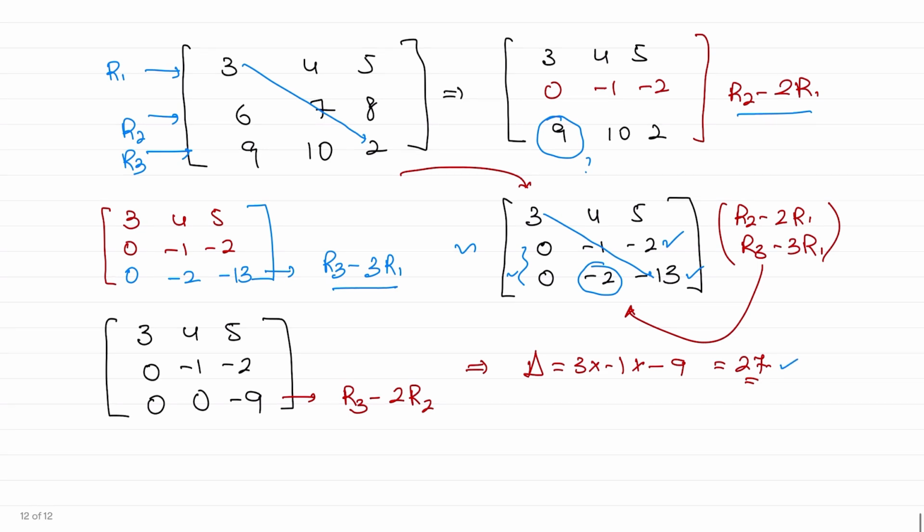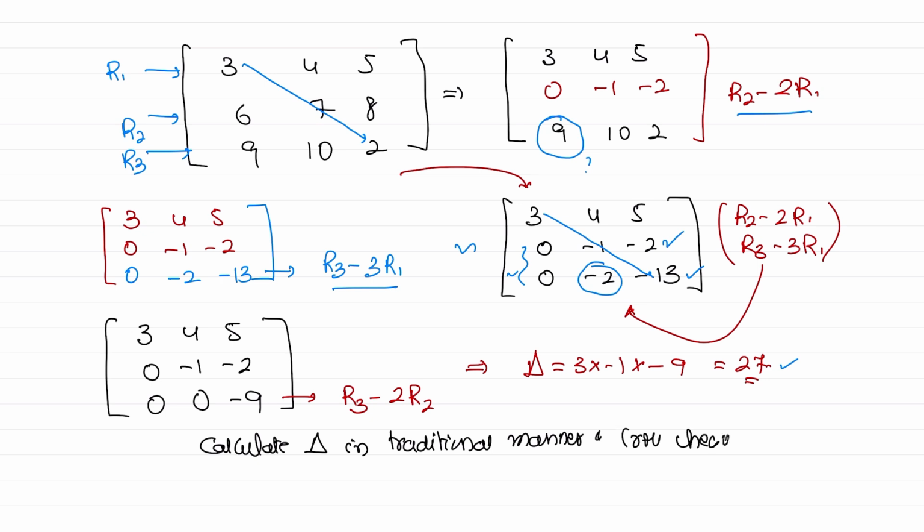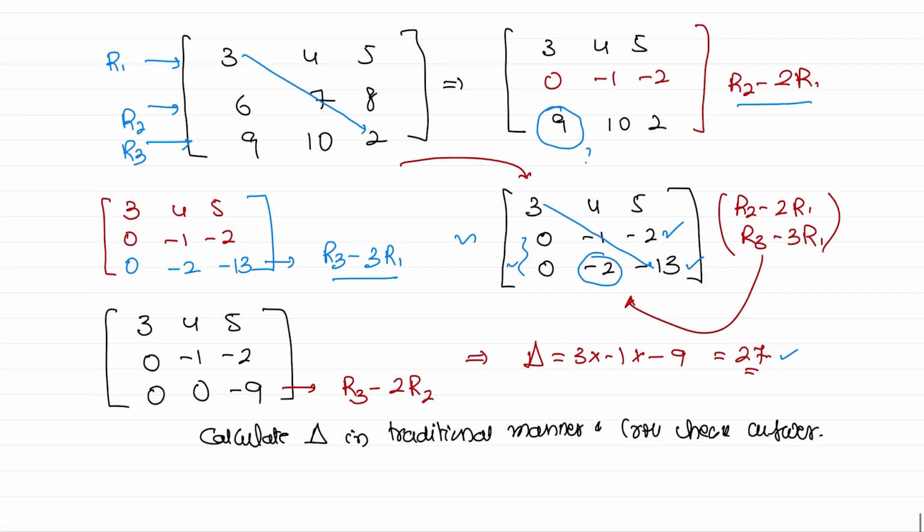Now as homework, calculate delta in the traditional manner and cross check the answer. Now this is what you call elementary operations power.